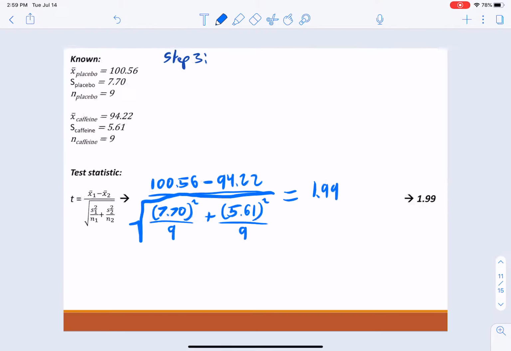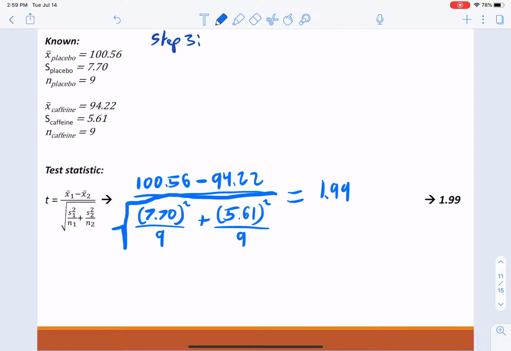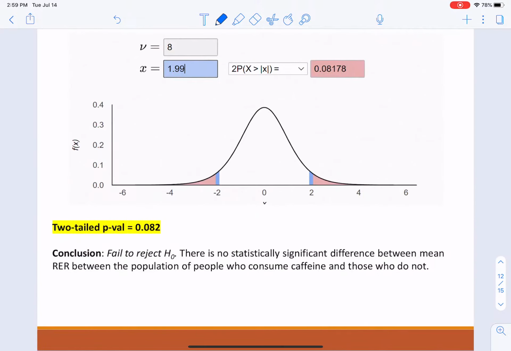So what do you do with that value? Well, we plug it into our t distribution tool, but first we plug in the degrees of freedom. Let's recall that degrees of freedom equals n minus 1, with a star. In the 2-sample case for this class, it will always be the smallest n, which in this case is 9 minus 1 equals 8.